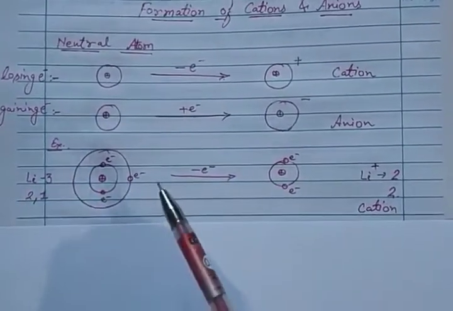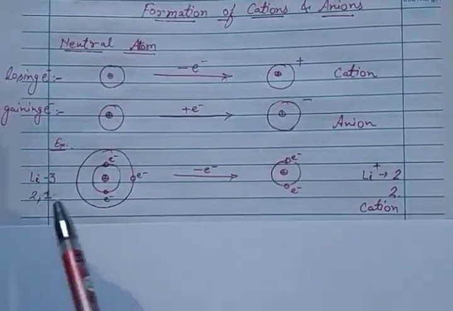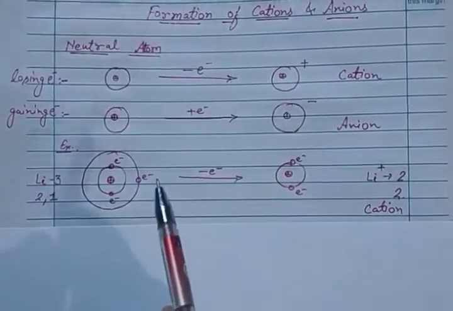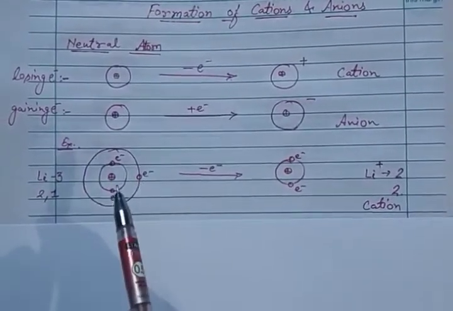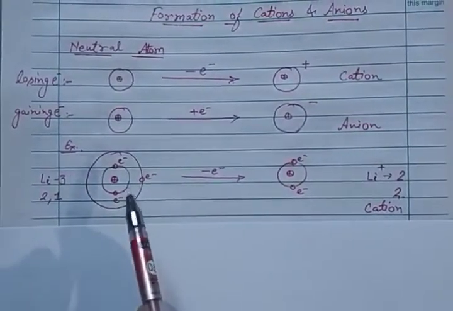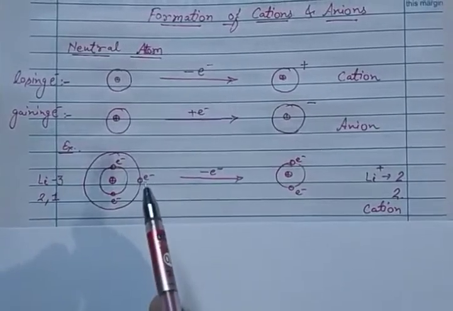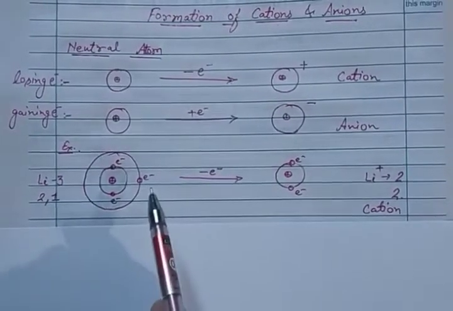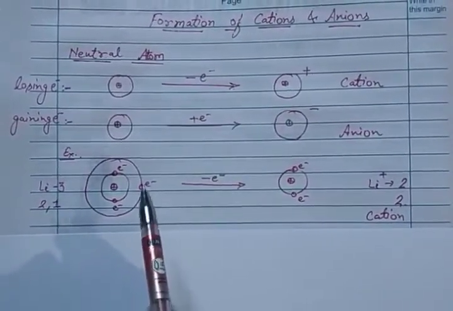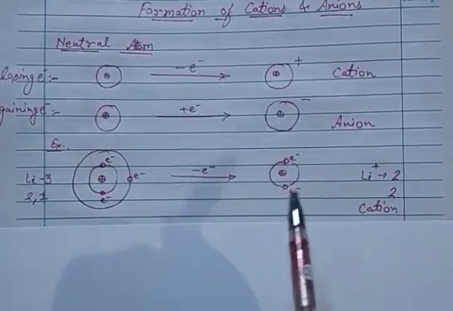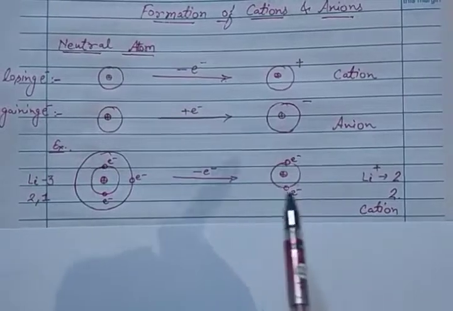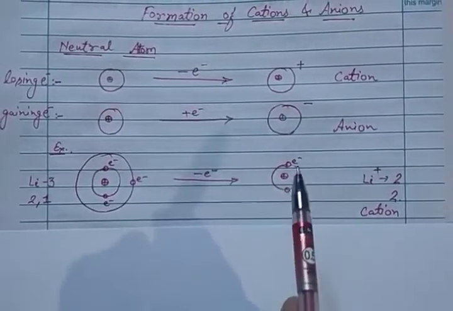Always remember, atoms can lose or gain electrons only from their last orbit. They will never lose or gain electrons from the inner orbits. Only the outermost orbit loses or gains electrons. So this electron moves out by some chemical reaction and is now gone. You see in this diagram only 2 electrons are shown.